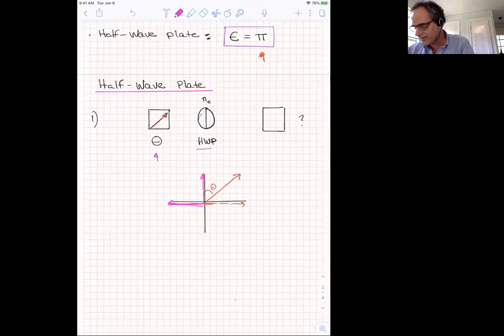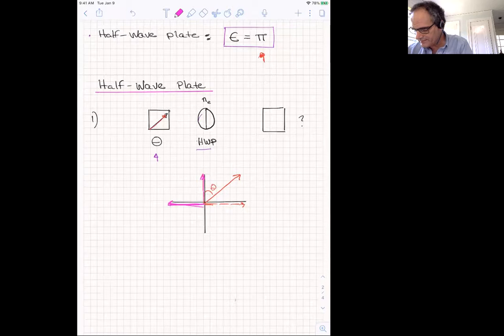Now we can reconstruct the resultant vector. There it is. And you can see right away that if the original angle was theta, the new angle will be minus theta. Okay? So the new polarization angle will be minus theta. And that's what the half-wave plate does.